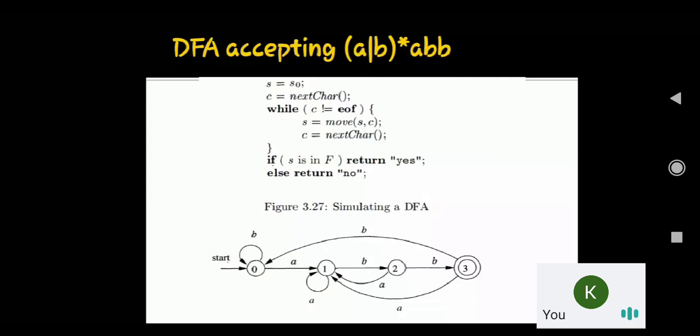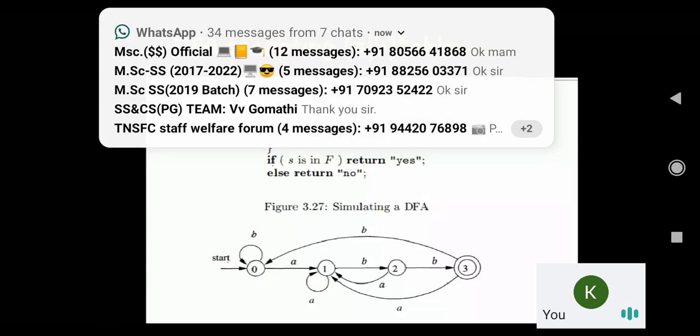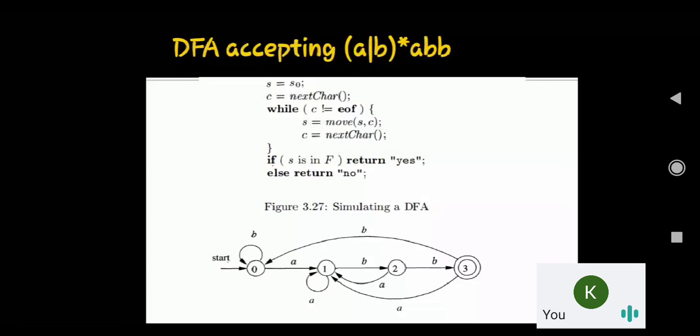The first statement, s equal to move(s, c), represents the transition from one state to another state, and what we are passing is the alphabet. That will be stored in s. The move function represents the transition between one state and another, and c is the alphabet that we detect using that particular transition.